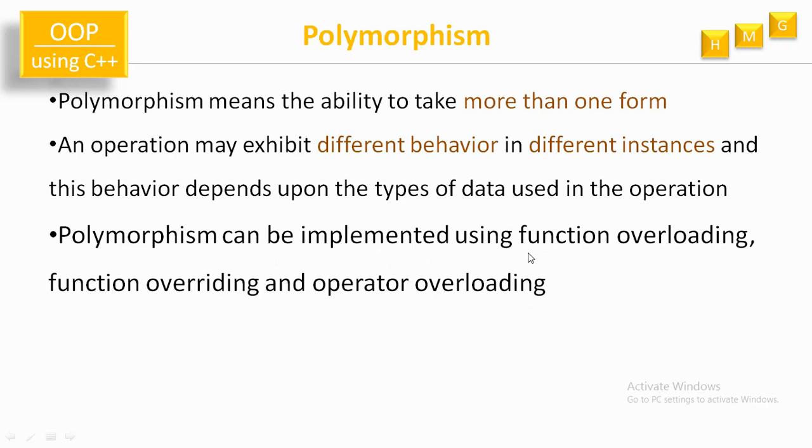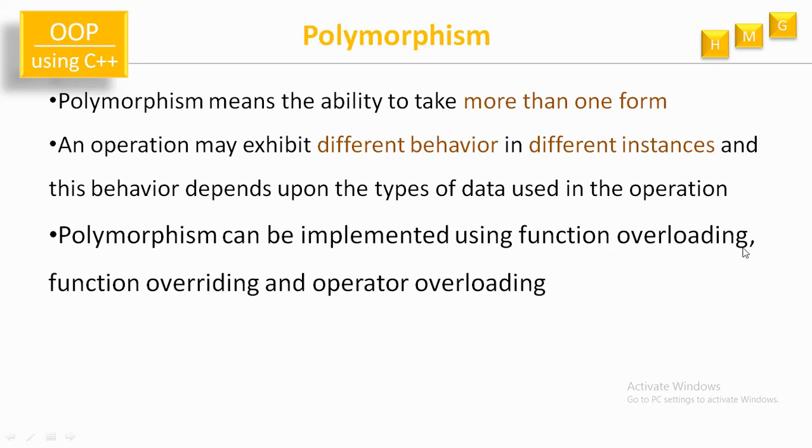In short, function overloading means one function, the same function name, will perform different types of operation. For example, area is a function, and for this area function, if I provide the radius as an argument, it will find the area of a circle.